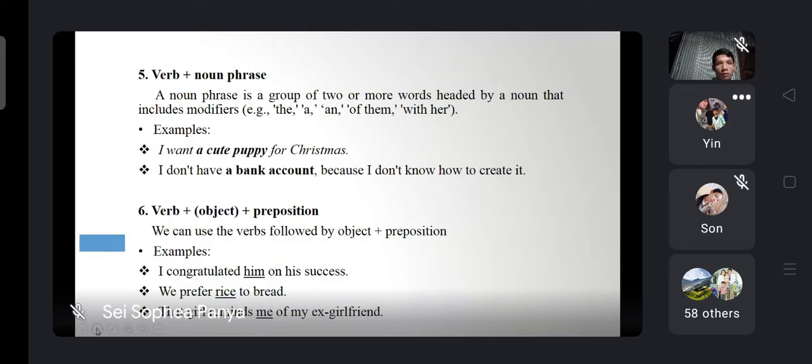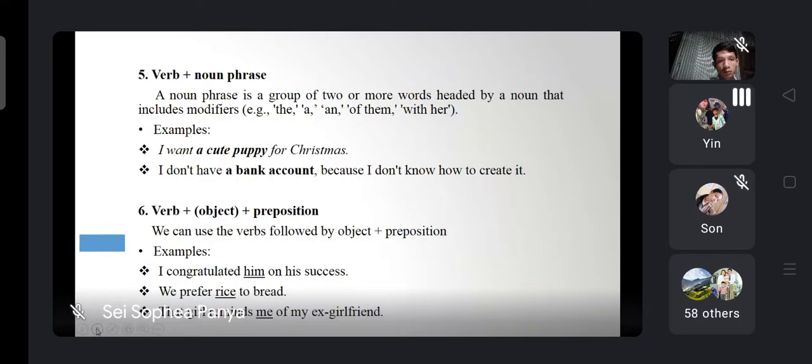Number 6, verbs plus object plus preposition. We can use a verb followed by an object plus preposition. Examples: I congratulated him on his success. Him is the object, on we call a preposition. Number 2, we prefer rice to bread.